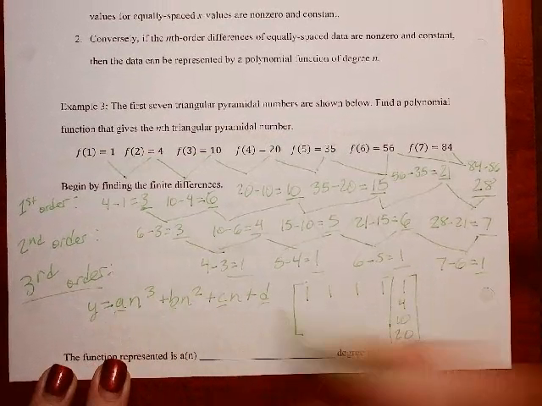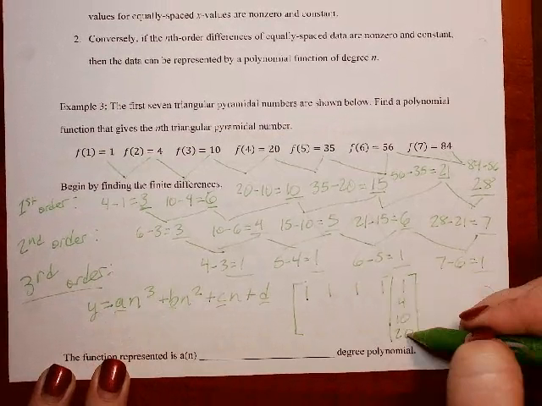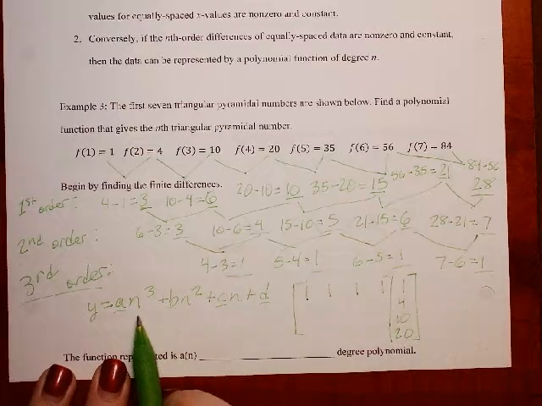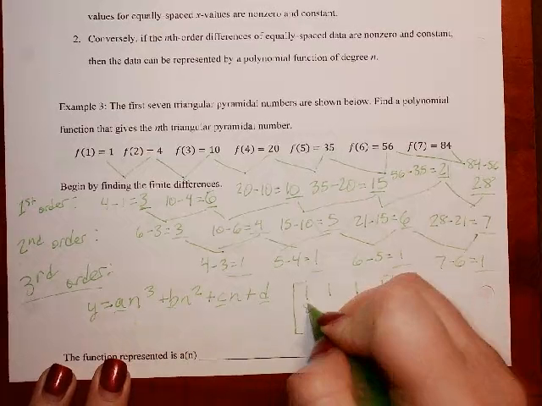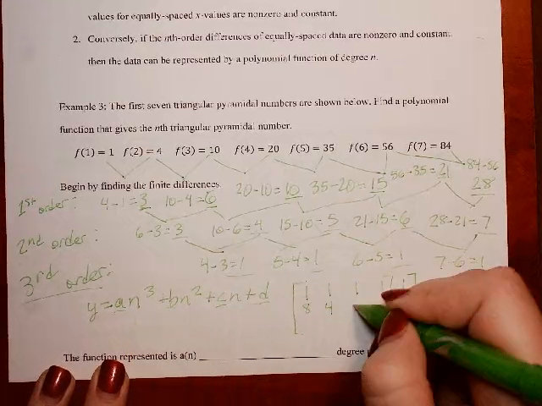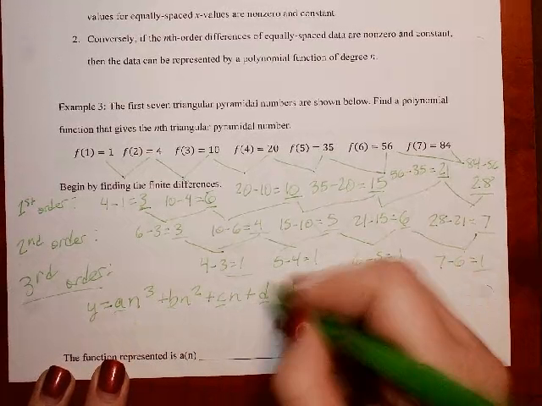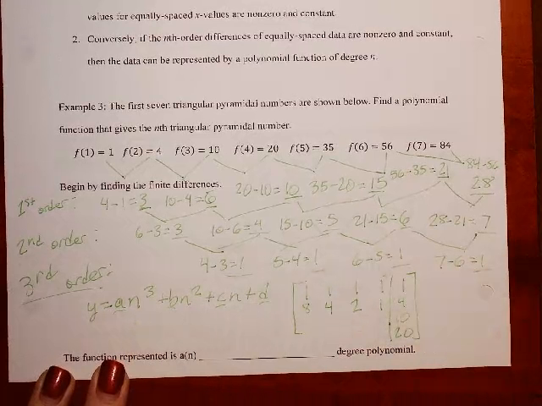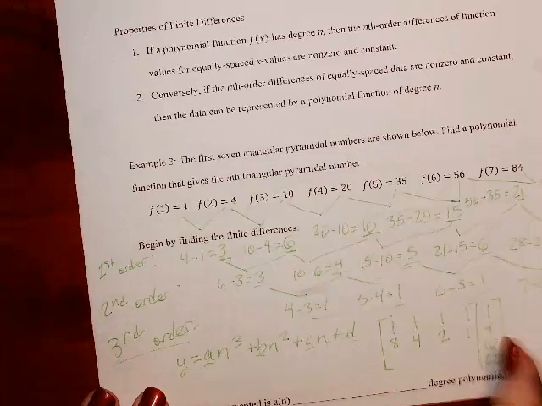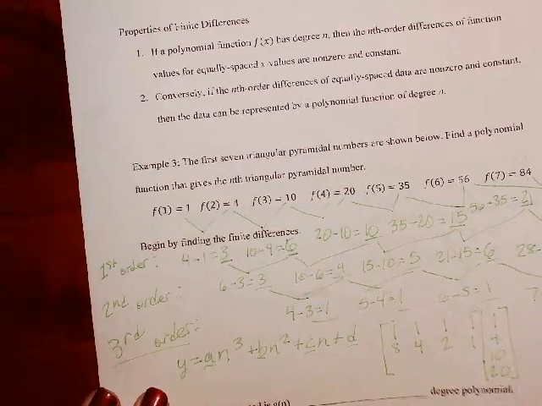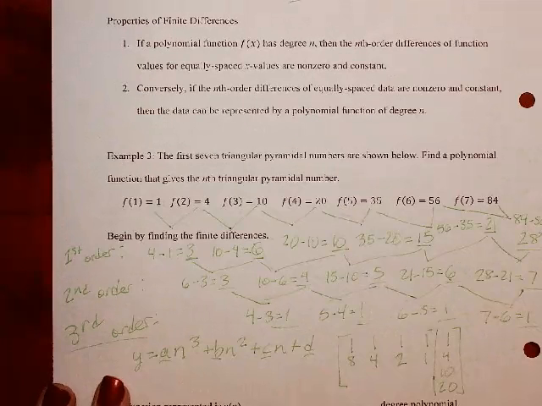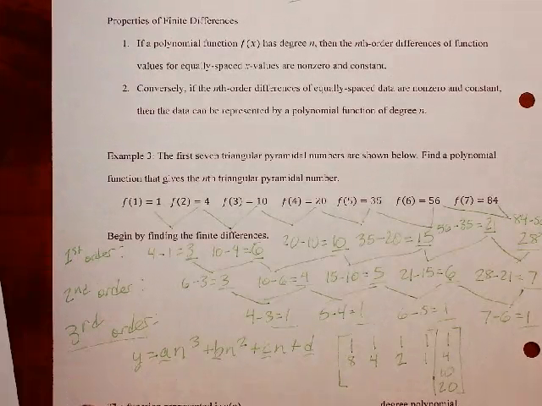Then we put in 2. 2 to the third is 8. 2 squared is 4. 2 is 2. And then this d is just by itself, so it's 1. So we know it's a third degree polynomial.